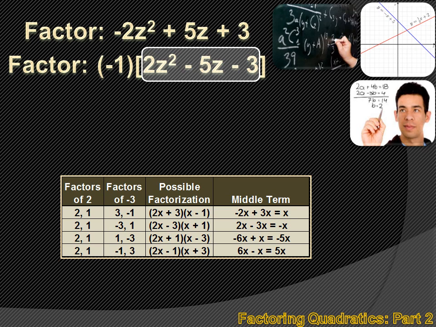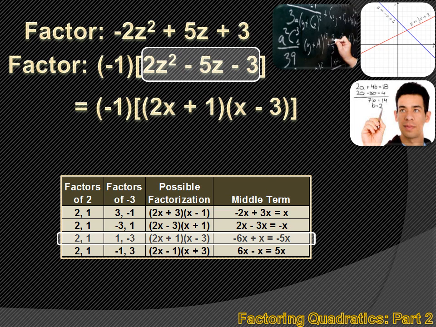Now I create the possible factors, multiply and add them together to try to reach that middle term, minus 5z. And I can see that my third possibility results in a b term of minus 5. So my factors are 2x plus 1 times x minus 3.